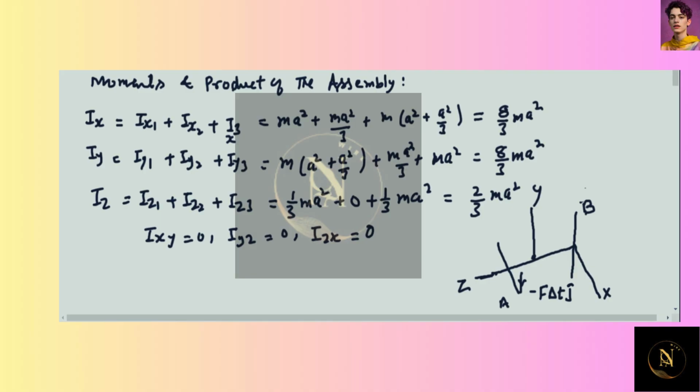It will be T delta T J cap. That is the impulse due to tension in the wire. It will be H Z K cap, H by J cap, H X I cap.